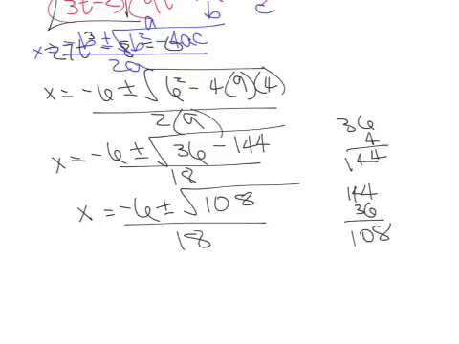Okay, one's looking pretty good so far, right? Now, oh, I'm sorry, that's a minus sign in there, isn't it? Okay, so let's pull out the i before we do anything.